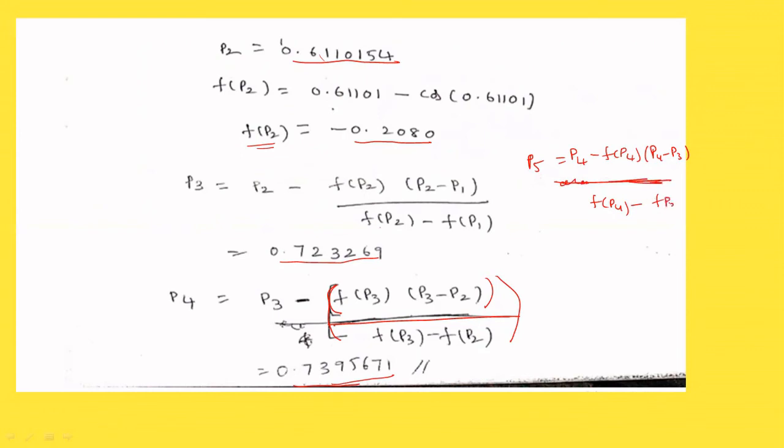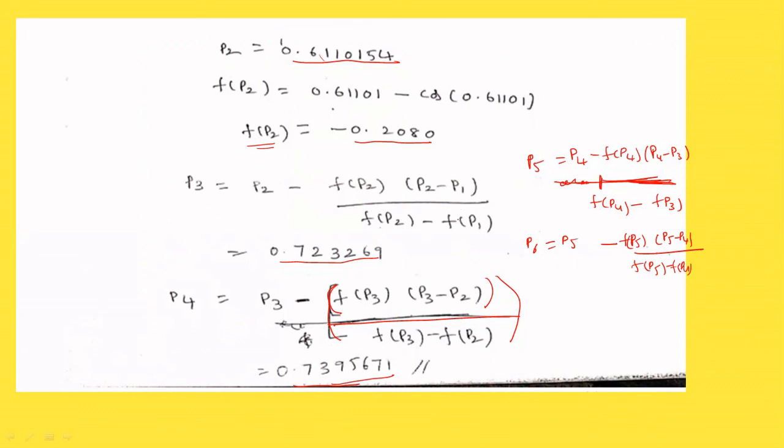Similarly, you can find out P6, which is equal to P5 minus f of P5 into P5 minus P4 by f of P5 minus f of P4. Similarly, you can find out P7 till you get the desired accuracy.